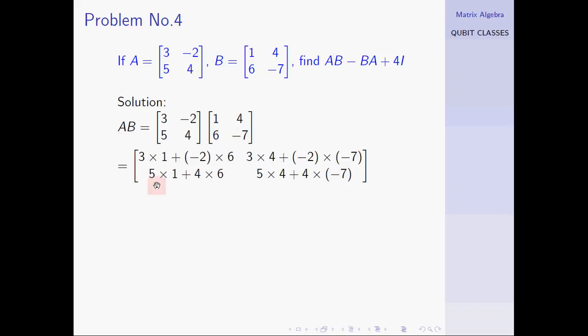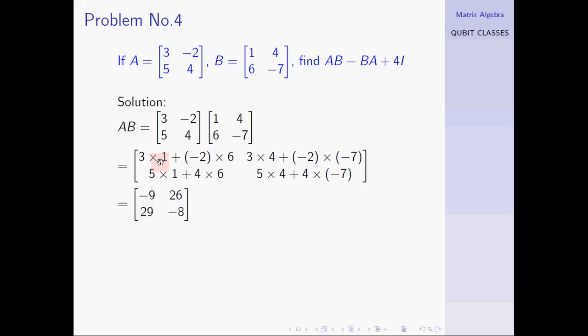Similarly, the third entry will be 5 into 1 plus 4 into 6, and the last entry will be 5 into 4 plus 4 into -7. I would like you to spend some more time on this matrix multiplication and how it is done.